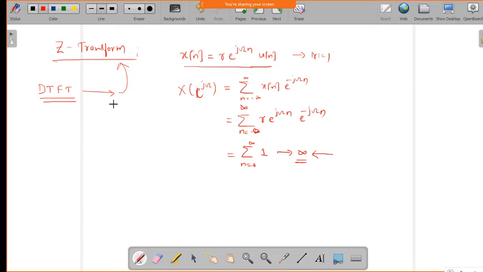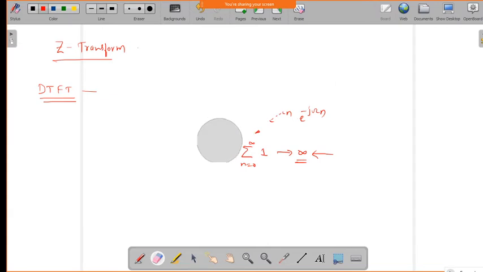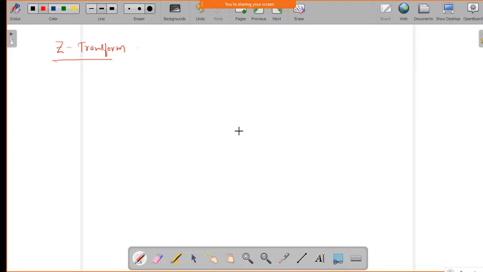Now, if you remember the convolution of two sequences, y of n equal to x of n convolution h of n, we have the equation: sum over k equal to minus infinity to plus infinity of x of k into h of n minus k.